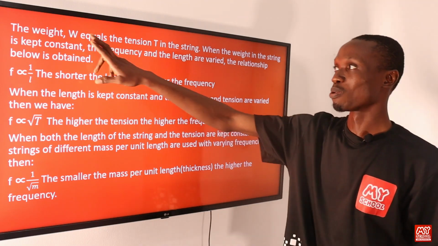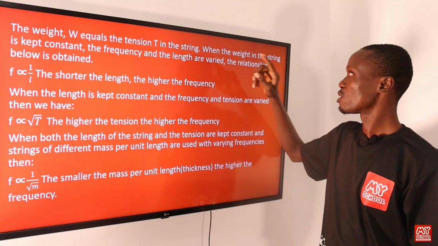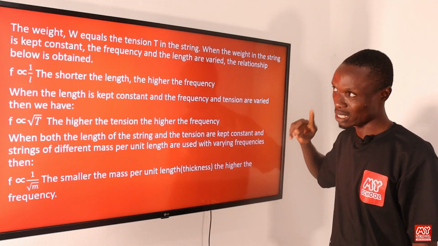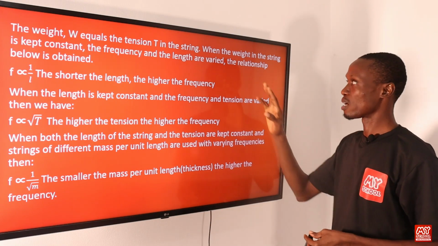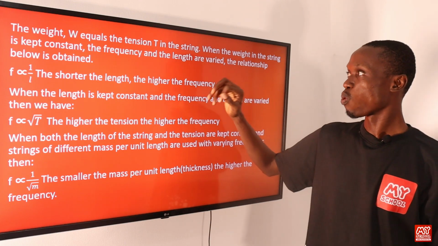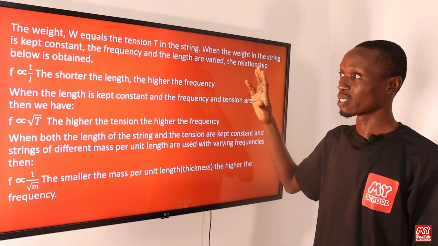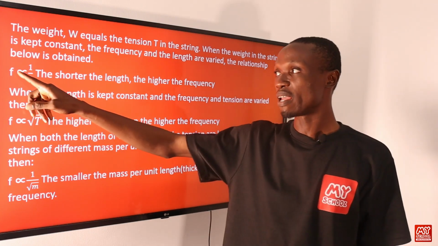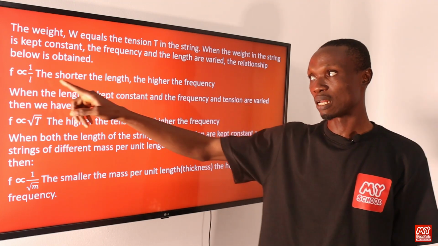Now the weight W equals the tension T in the string. When the weight in the string is kept constant, the frequency and the length are varied, and the relationship below is obtained. So when the weight, which is the same thing as the tension in the string, is kept constant, then we'll have F inversely proportional to the length.